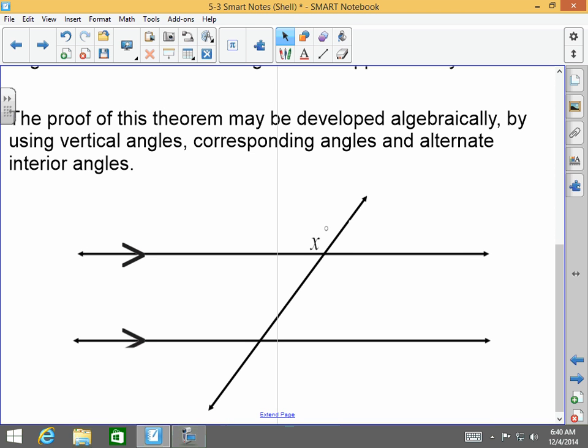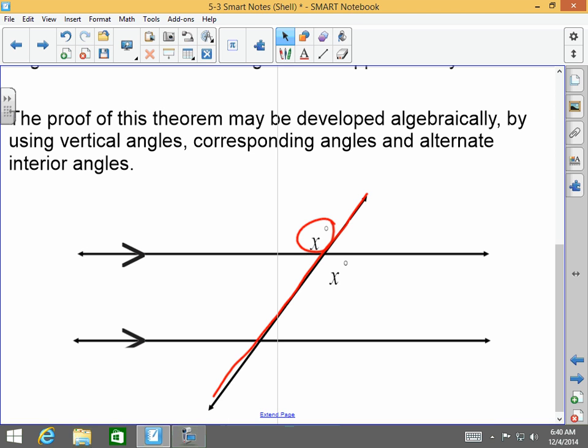Let's show you what I mean. If I have these two parallel lines cut by this red transversal, and I have this angle x, well, by vertical angles, that angle is also x degrees.